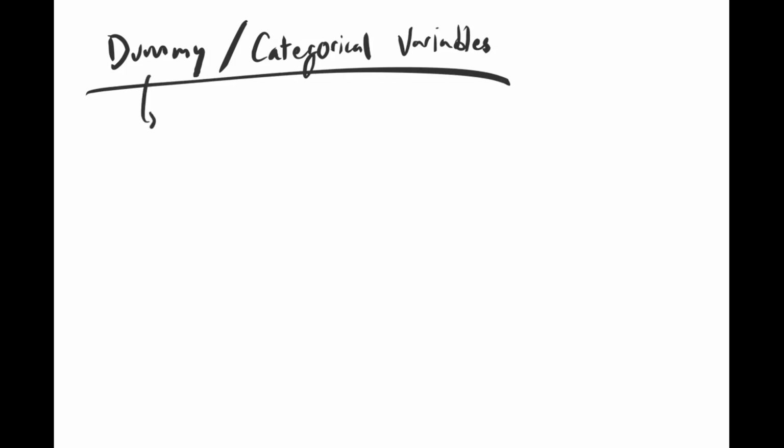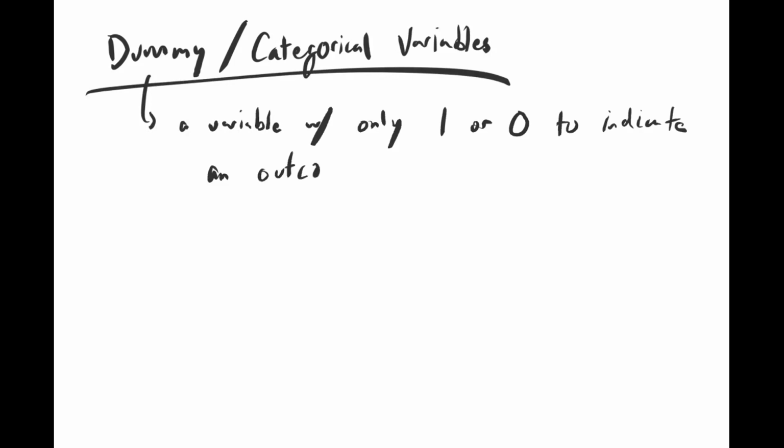And so a dummy variable, for example, is a variable with only 1 or 0 to indicate an outcome. Examples of dummy variables could be heads or tails on a coin, or let's talk a little bit more realistically about data you might actually see.